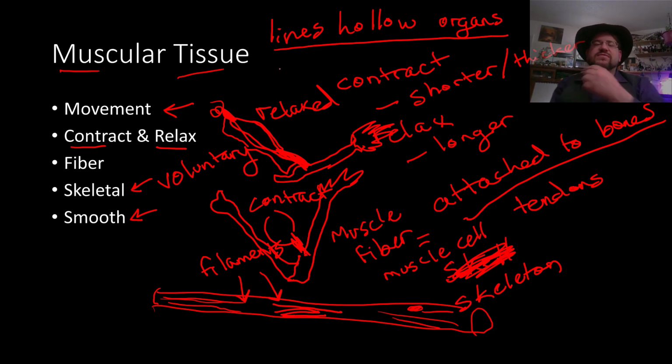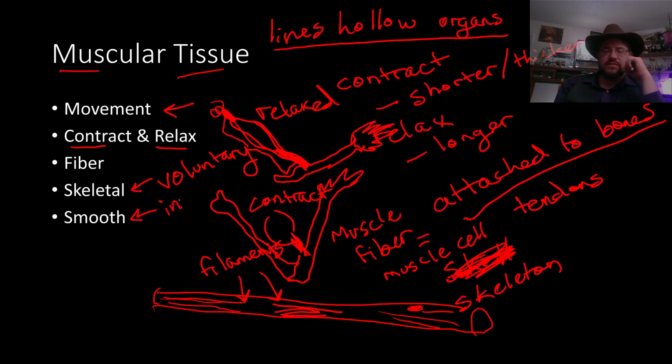Like your digestive tract, you have smooth muscle along your esophagus, you have smooth muscle around your stomach, your intestines are lined by smooth muscle. Anything that's a hollow organ has smooth muscle lining it. There are smooth muscle layers lining your blood vessels. Those are hollow organs. So smooth muscle is not voluntary.